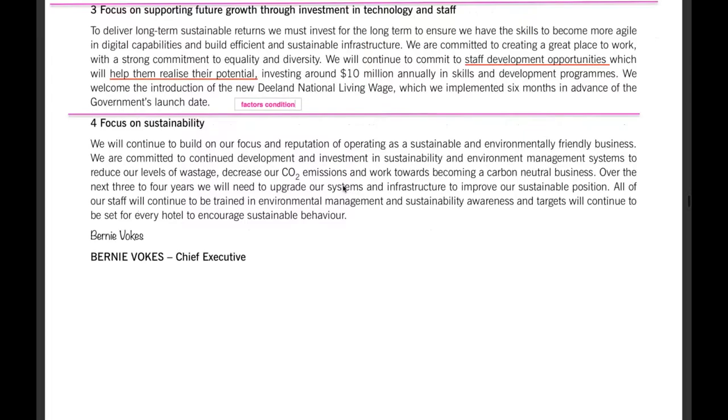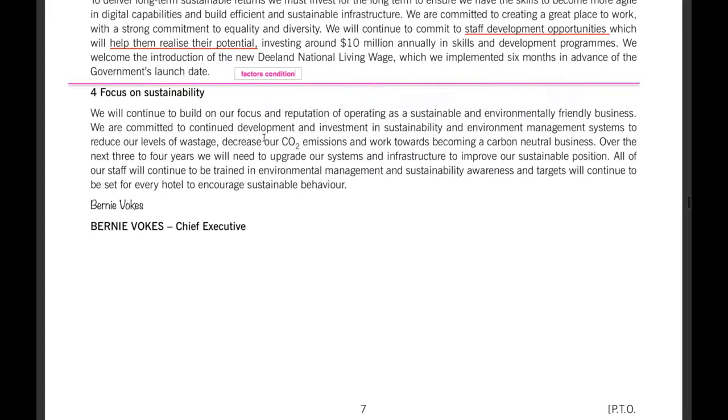Then you're talking about focusing on sustainability, an environmentally friendly business. We are committed to continue development investment in sustainability. So you might want to remember the question that talks about sustainability and the environmental management system. You may want to use this for that particular question. Remember the press release: reduce wastage, carbon emission.